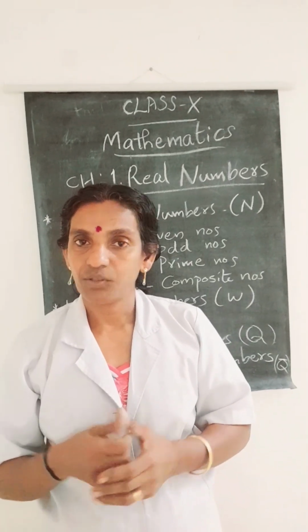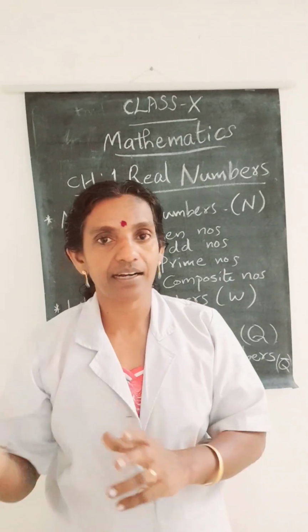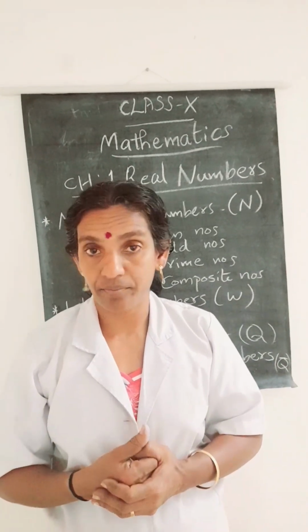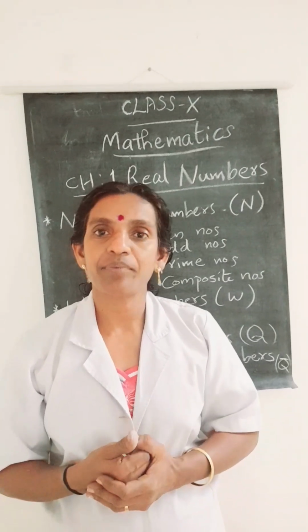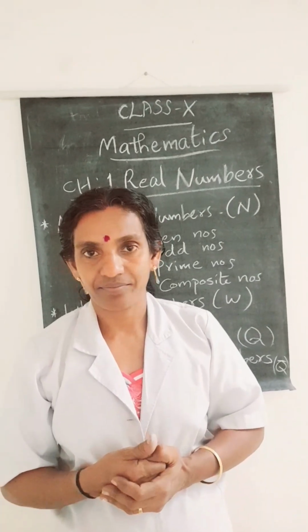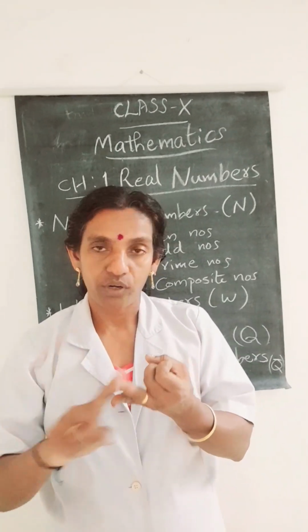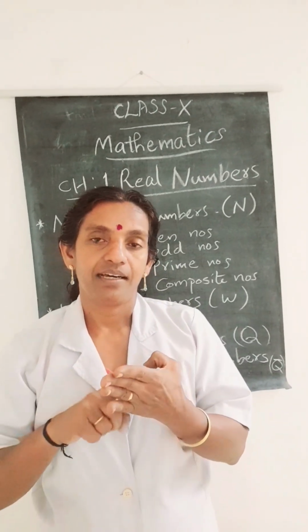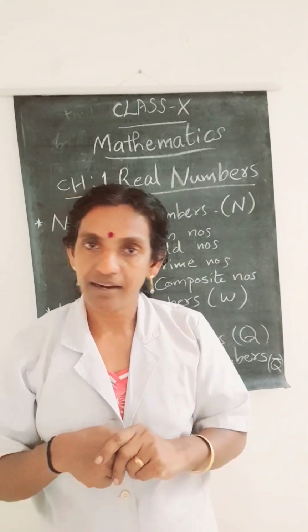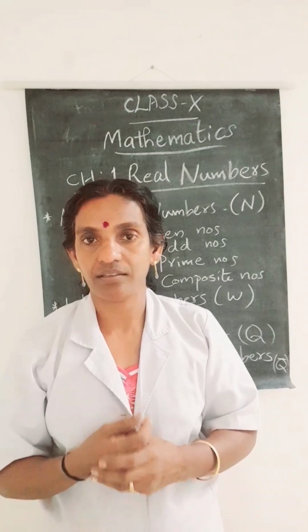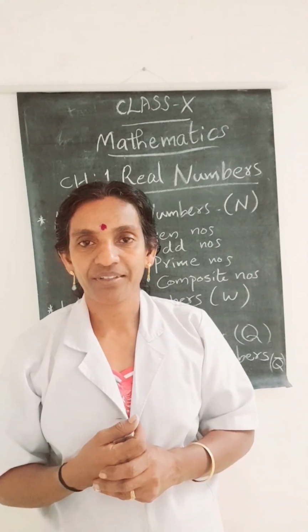Okay. So all these groups with irrational numbers make the biggest number system, real numbers, which is represented by the letter R, and it includes natural numbers, whole numbers, integers, rational numbers and irrational numbers. Okay, it is the biggest number system that you are studying now.